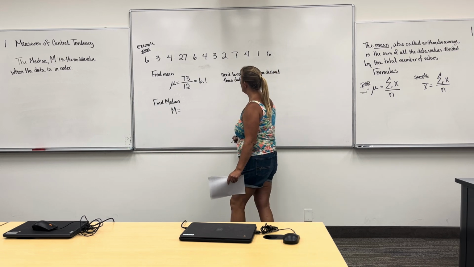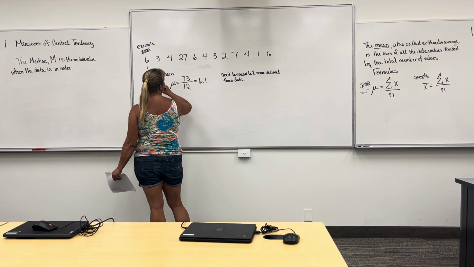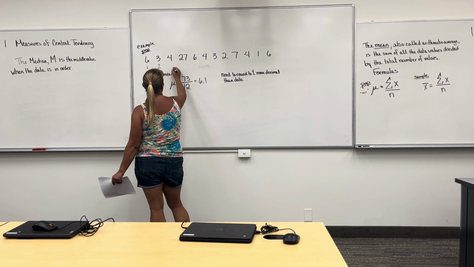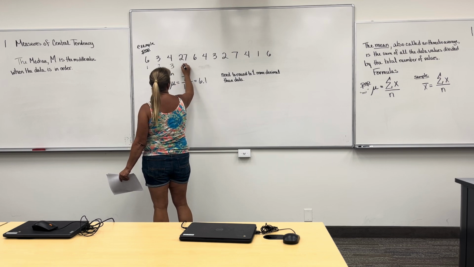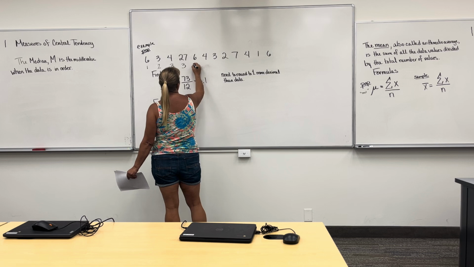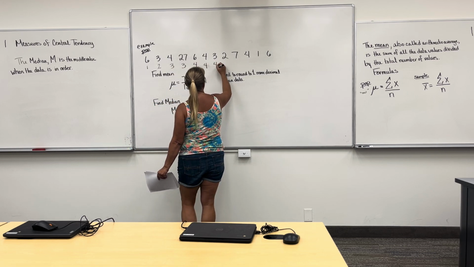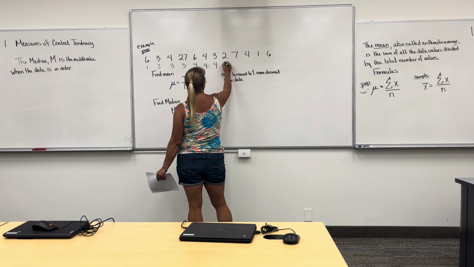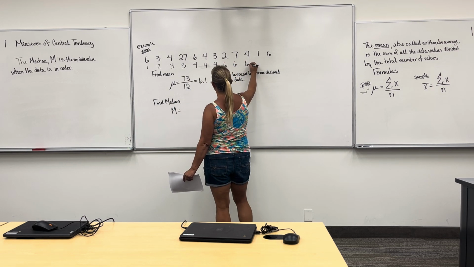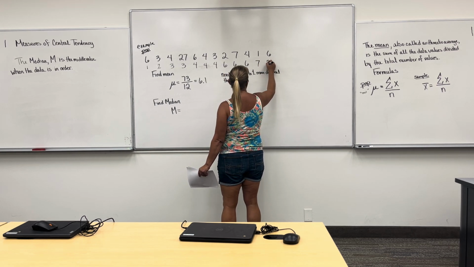So if we put them in order, I'm going to put it right underneath here. So we've got 1, 2, 3, 3, 4, 4, 4, 6, 6, 6, 7, 27.